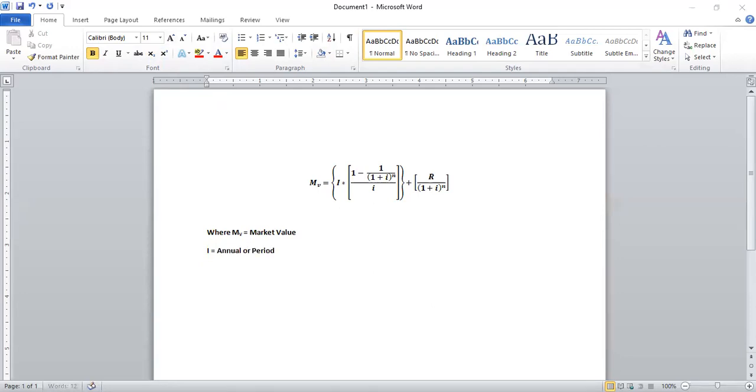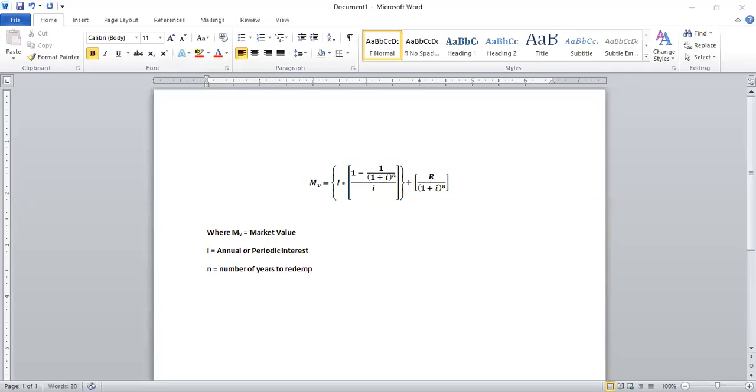Sometimes the interest is paid, maybe let's say monthly. N is equal to the number of years to redemption.